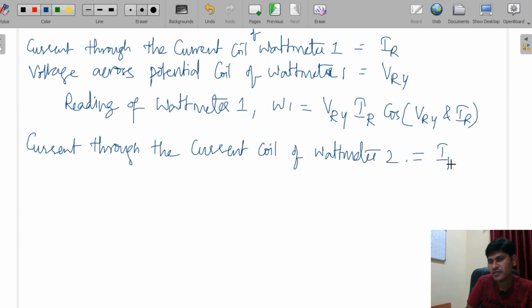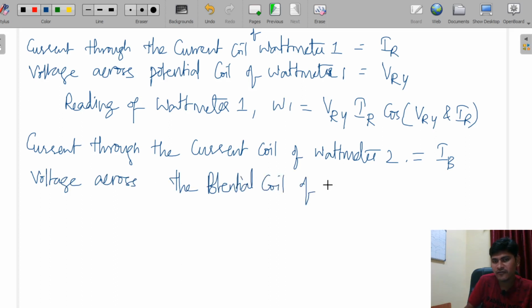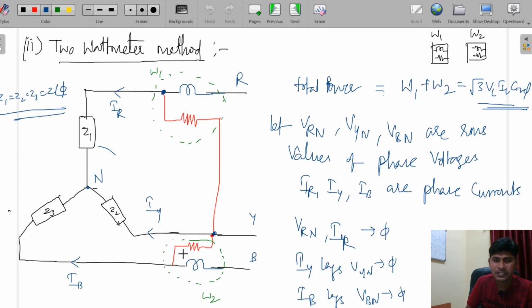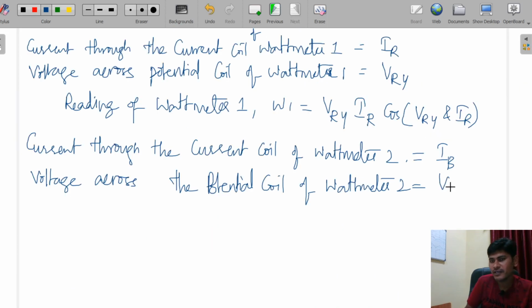Now the voltage across the potential coil of wattmeter 2: as it is connected between this line and this line, it measures the voltage at this point with respect to this point, that is VBY, the voltage between lines B and Y.